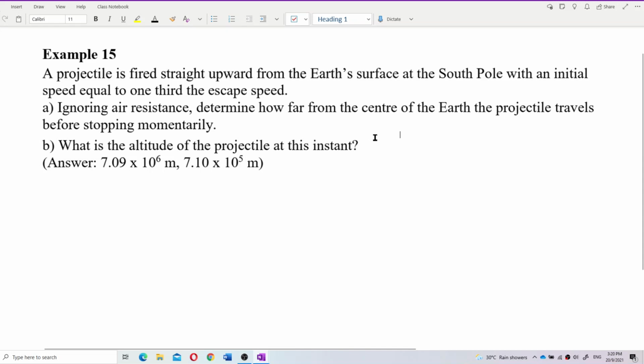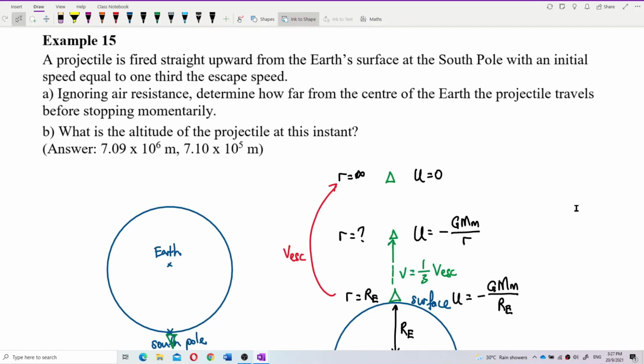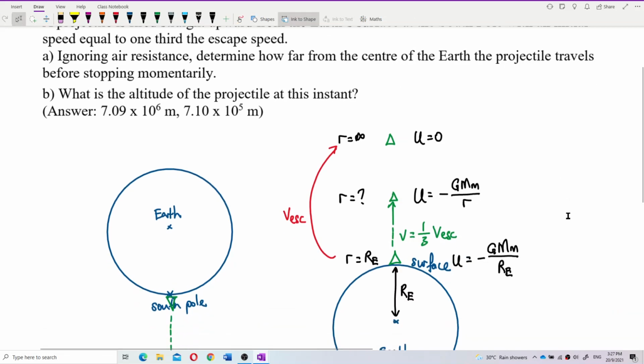Okay, this is quite a challenging question. First of all, let us use a diagram to show what's happening. I have drawn the diagram already.